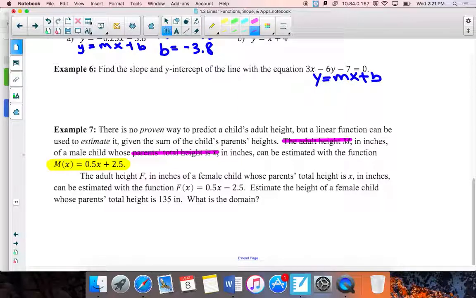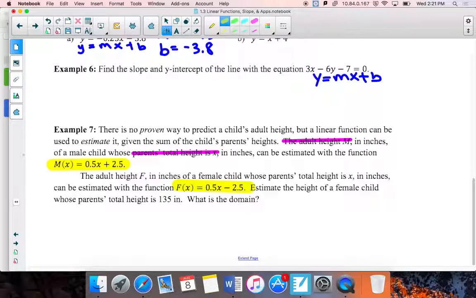Then it says the adult height of females whose parents' total is x can be estimated with that function, and that's this function down here. The only difference between the two is one has a positive y-intercept of 2.5, one has a negative y-intercept of 2.5, and then we're trying to find the female child height whose parents' total is 135.